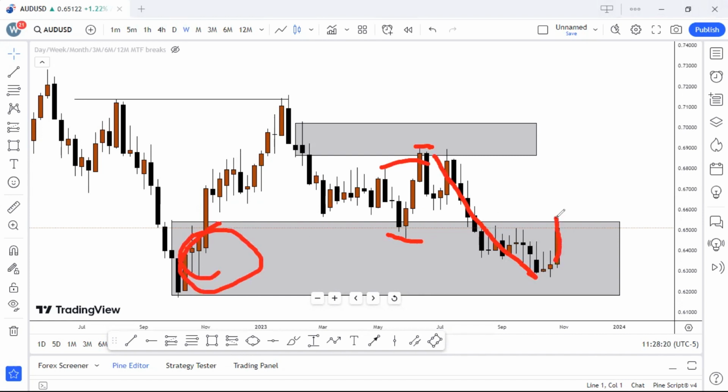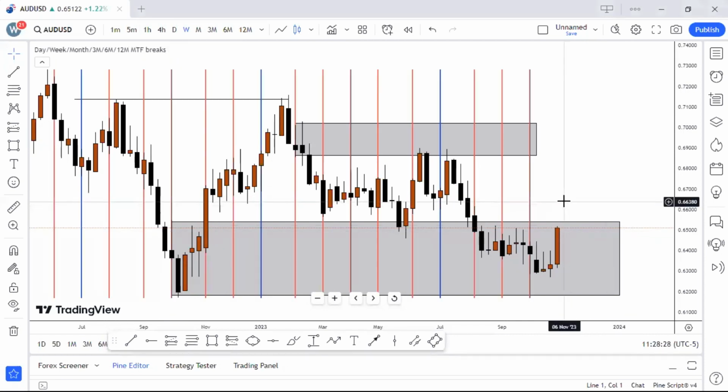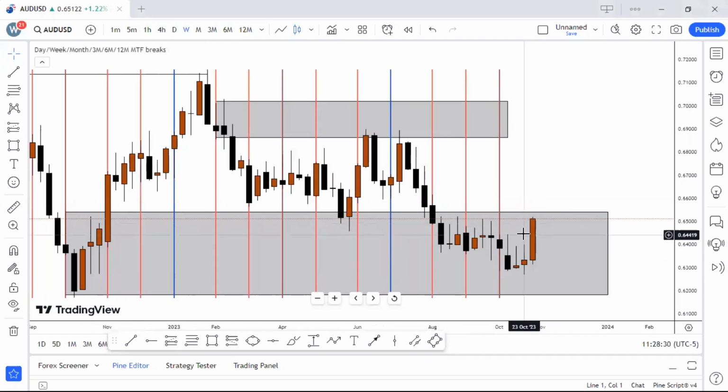Now we are back up again and we've taken out the previous month candles. This is it. So we are down. This same guy that made a lower low here, we've broken above it.